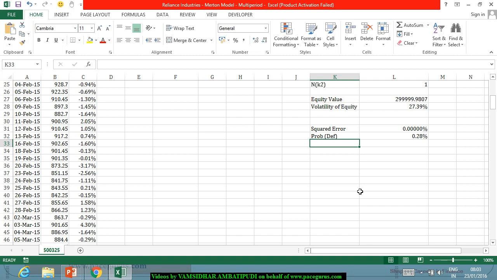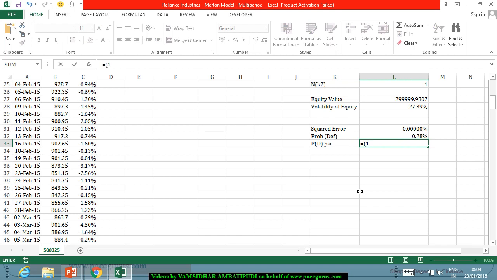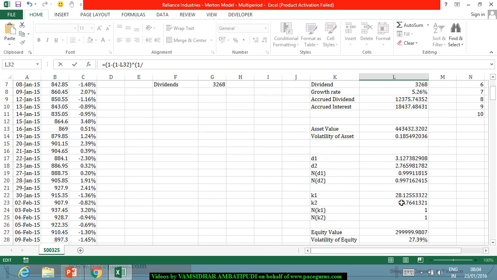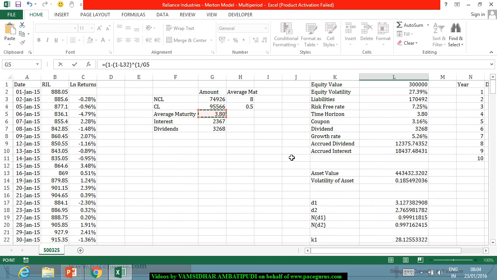Now the same logic, if I have to go for a per annum probability of default, all I can simplify is 1 minus of 0.28% to the power 1 by the time period. So the time period for me, I'll take it as 3.8 years.